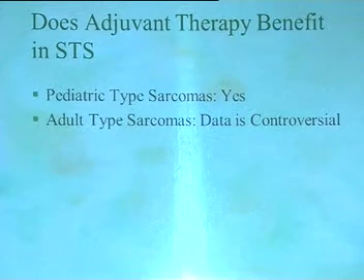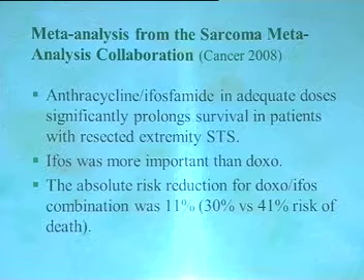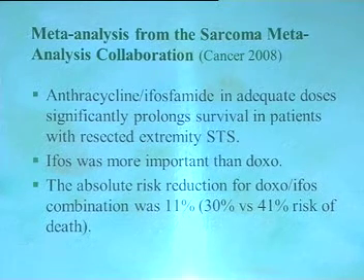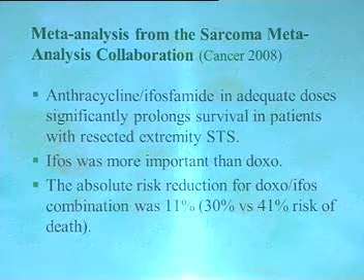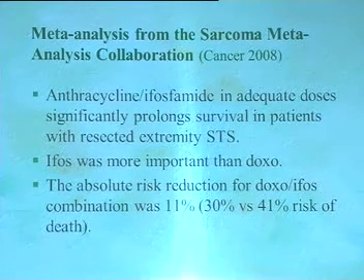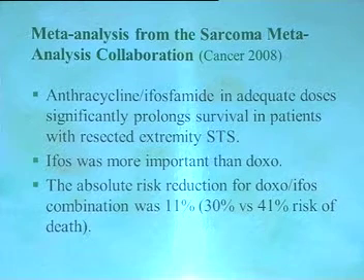But data is controversial because of the following reasons. Before I go to the reasons, the meta-analysis, which was published in Cancer 2008, showed that the two drugs, anthracyclines and ifosfamide, prolonged survival in patients with resected extremity soft tissue sarcomas.